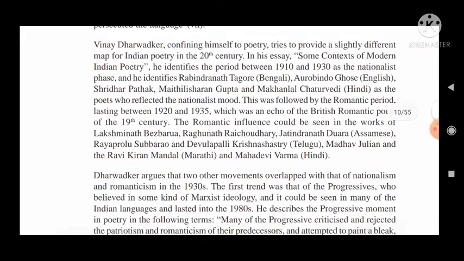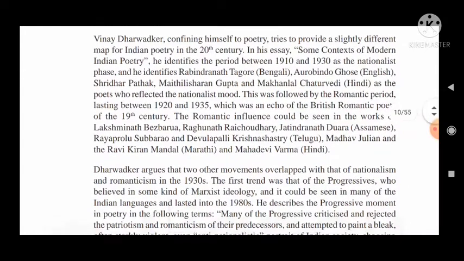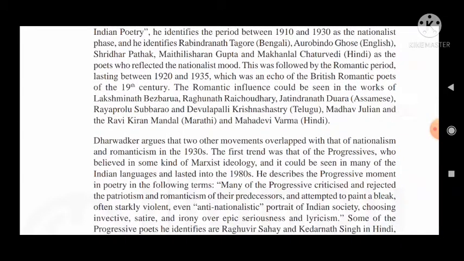This was followed by the Romantic period lasting between 1920 and 1935, which was an echo of the British Romantic poets of the 19th century.